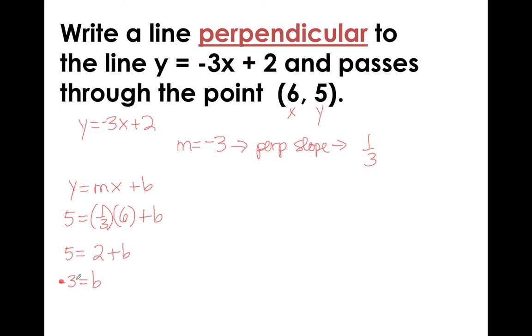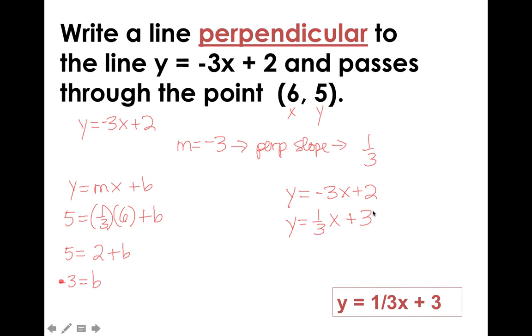We get positive 3 is equal to b. So therefore, my original equation was negative 3x plus 2. My new equation says that the slope is 1/3 x, and my y-intercept is a positive 3. And so therefore, we see what we get.